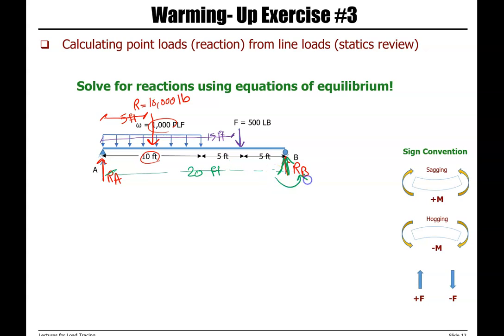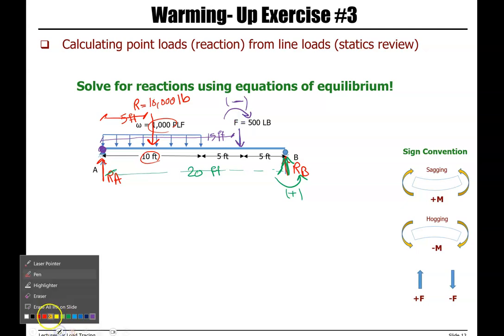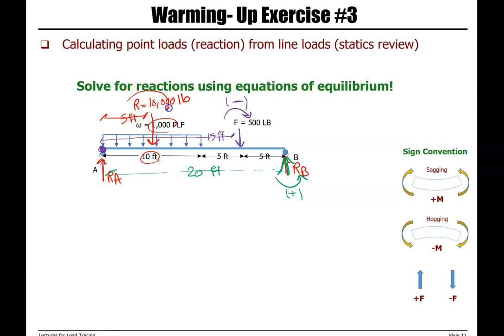So this one, the moment is sagging, so we're going to use a positive sign. This one, around point A, the moment is hogging, we're going to use a negative sign. And here also it's hogging, so we're going to use a negative sign. So I'm going to write sigma MA is equal to 0.